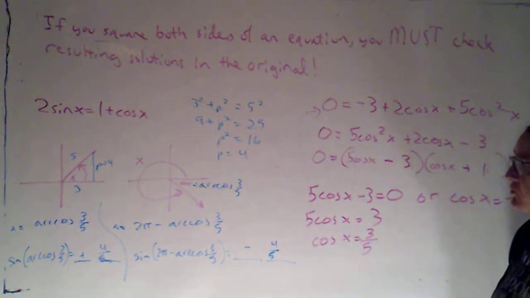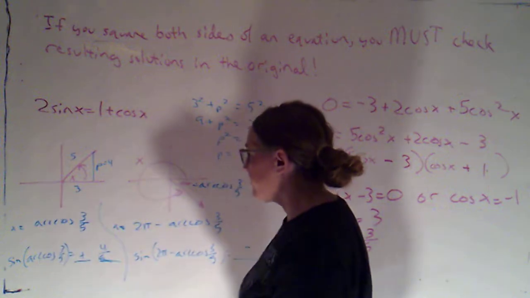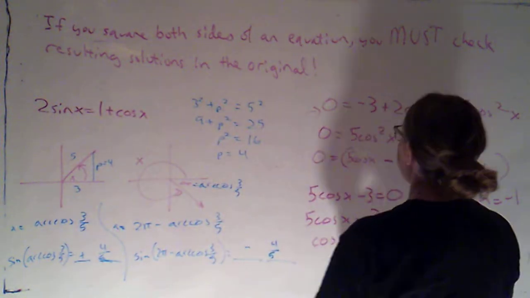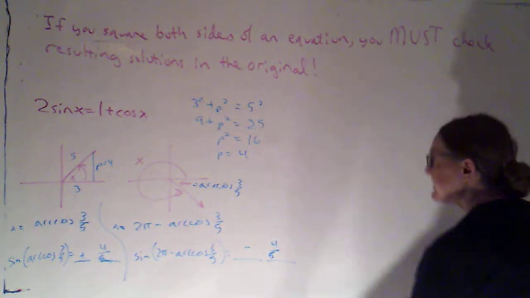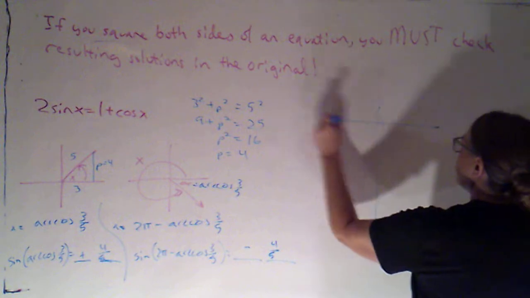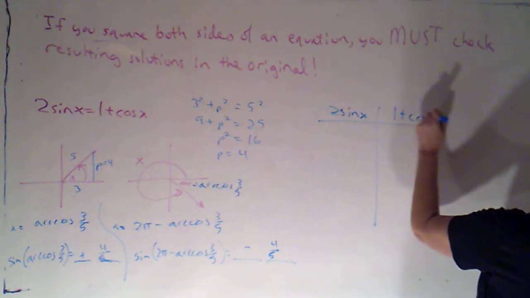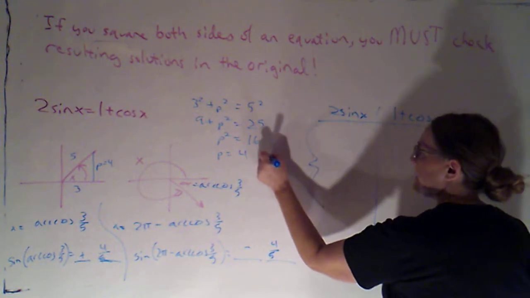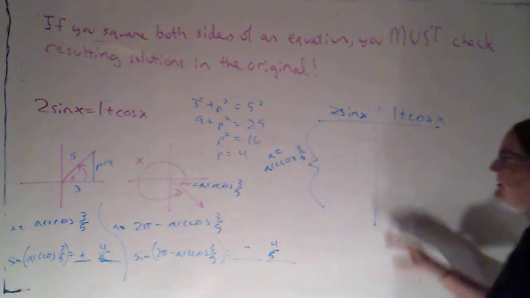So let's now check. If I'm working with arc cosine of 3/5 and I plugged in to the left-hand side, I think what I'm going to do is just create a little table here. Here's 2 sine x and 1 plus cosine x. And I'm going to just record what I get if x is arc cosine of 3/5.